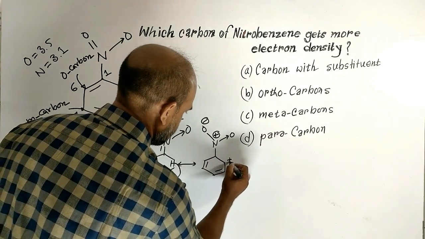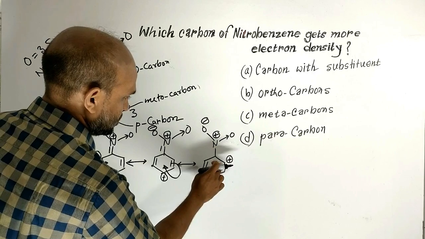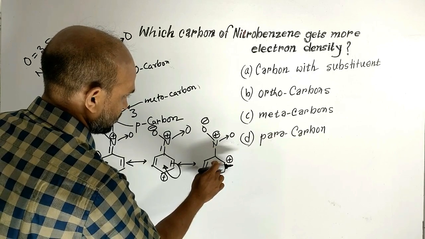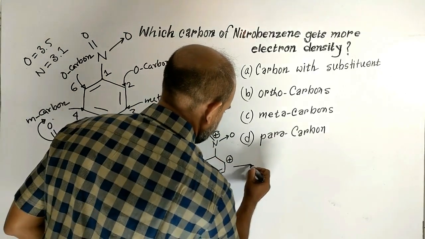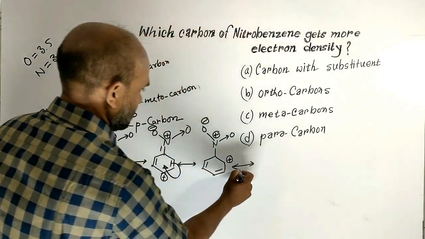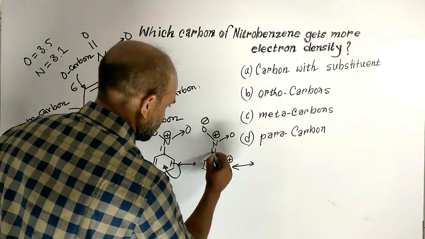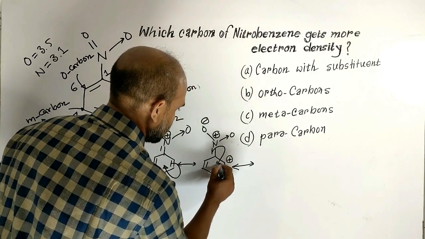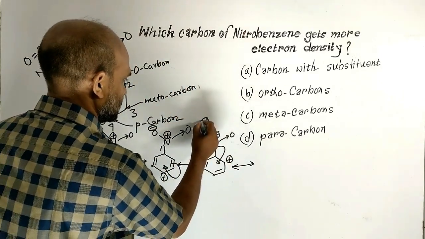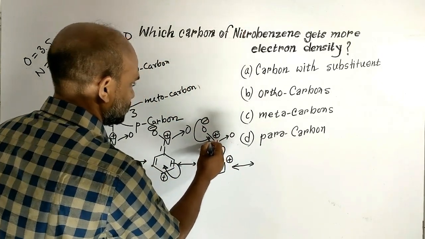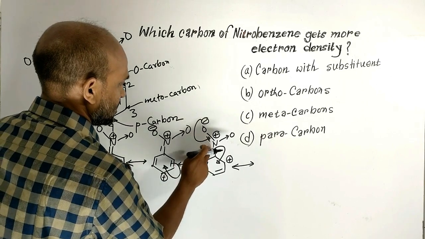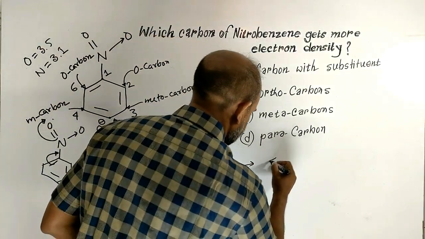Double bond, this ortho carbon becomes positive in charge. Then, because of this positive charge, here double bond, these electrons move here. At the same time, these electrons move here to form again the oxygen nitrogen double bond. That is, this is obtained.